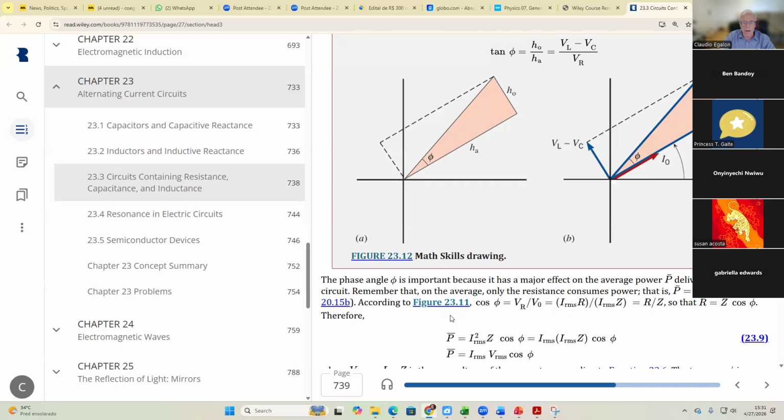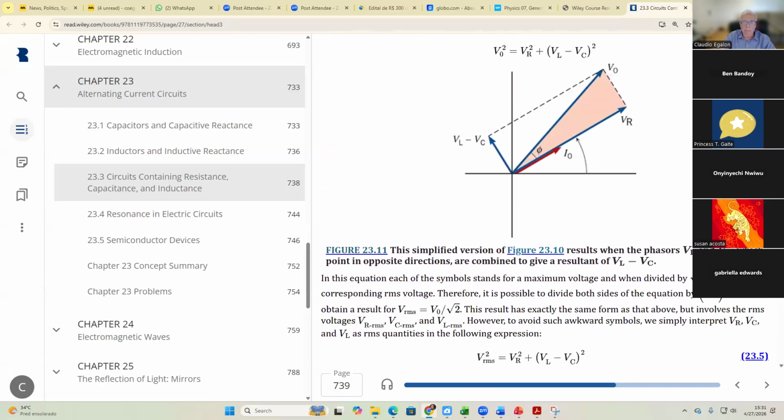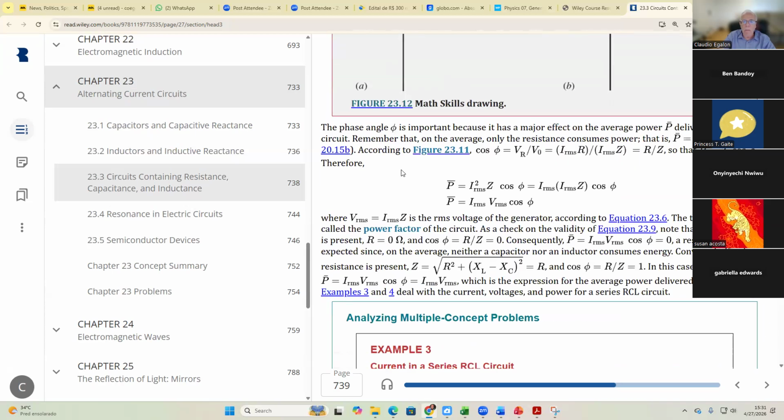Okay, and according to figure 23.11, this one here, cosine of phi is VR over V naught, which is IR, right?